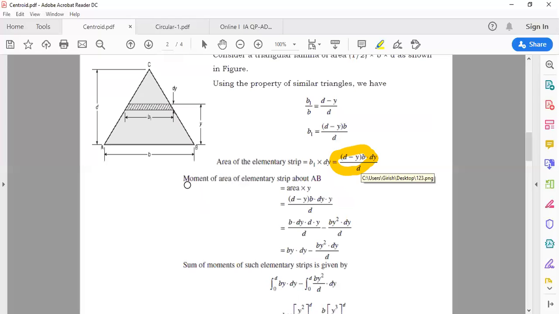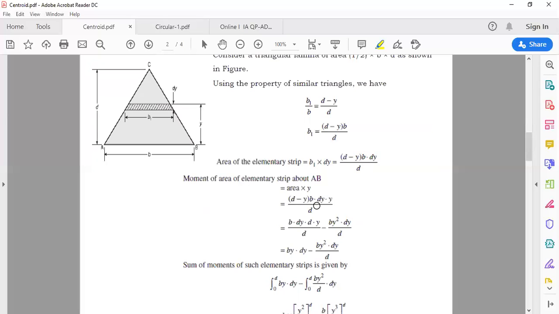So the moment of area of strip about AB is area into Y. This strip is at a distance Y. So it is D minus Y into B into dy by D, as it is.